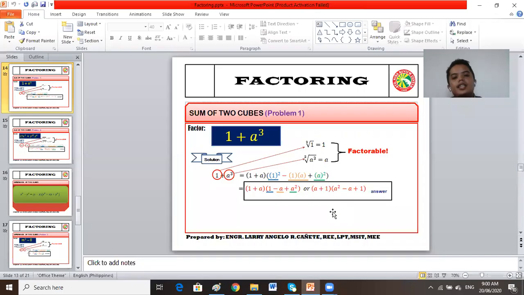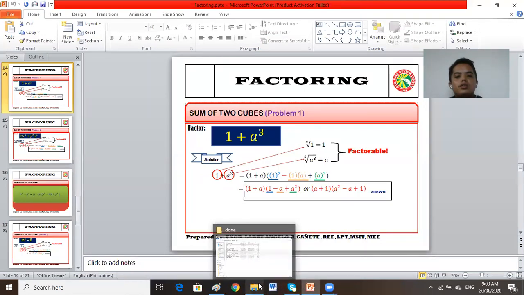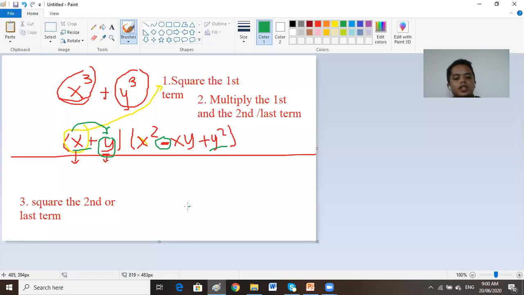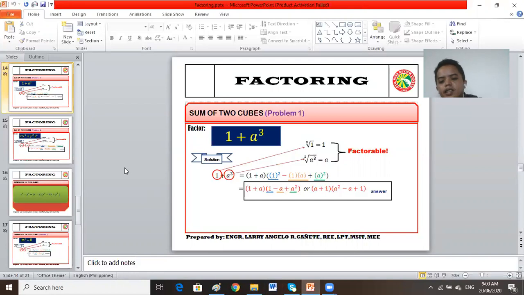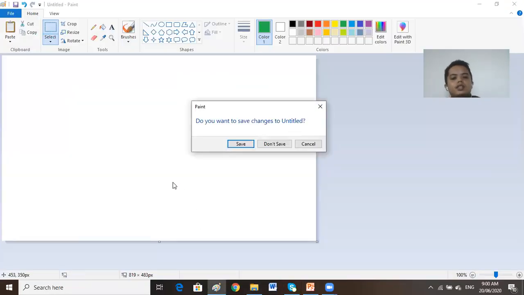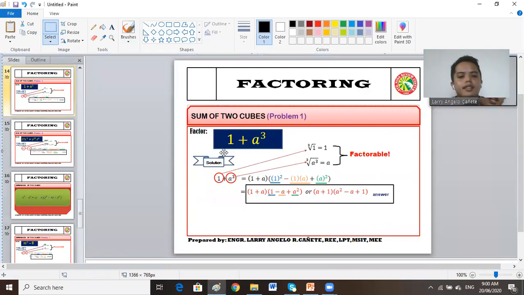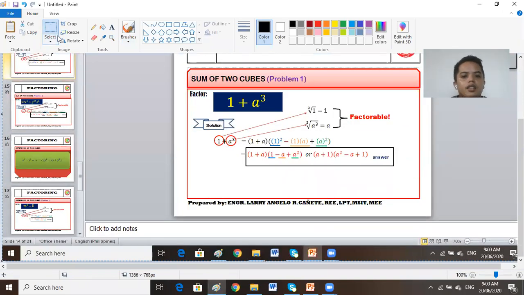Now, just like the sum and difference of two squares and the common monomial factor, you can also solve this using the shortcut, or by just picking a choice. So for example, the one that I am presenting here is this one, and this is the factor.